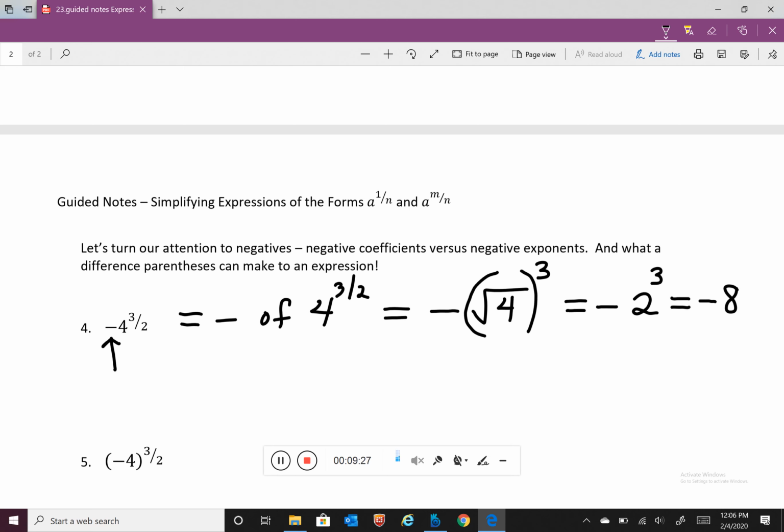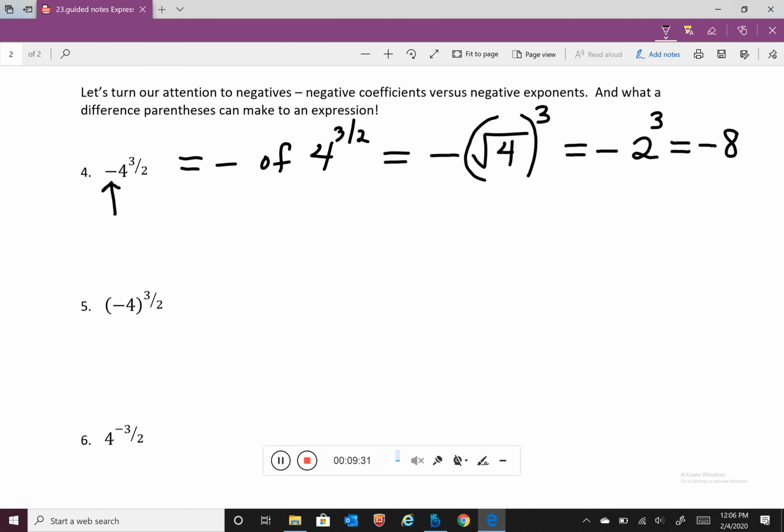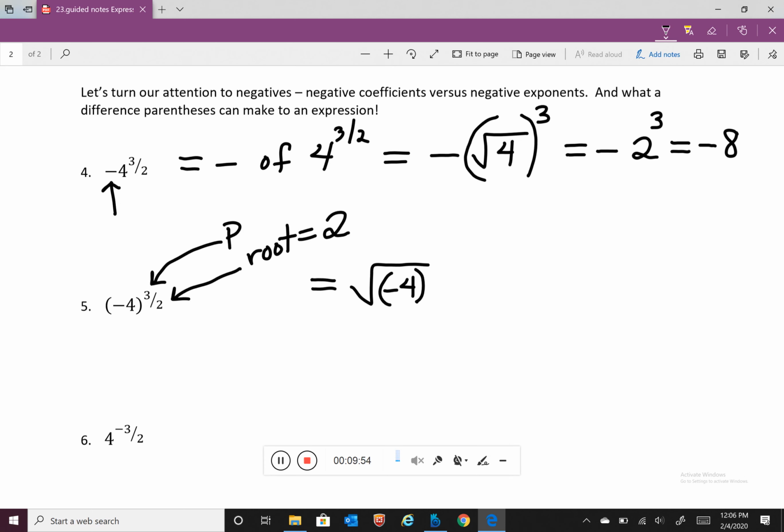For problem number 5, notice now that the base is negative 4 because we have our parentheses surrounding both the negative and the 4. So our power is 3, our root is 2. And so this is equal to the square root of negative 4 cubed.